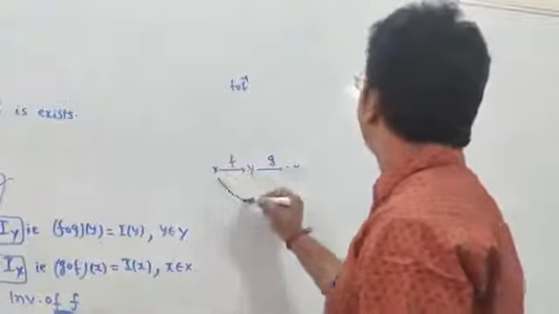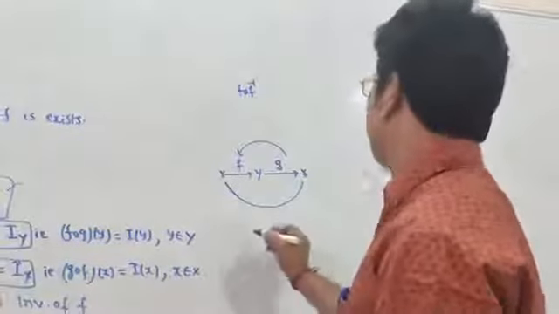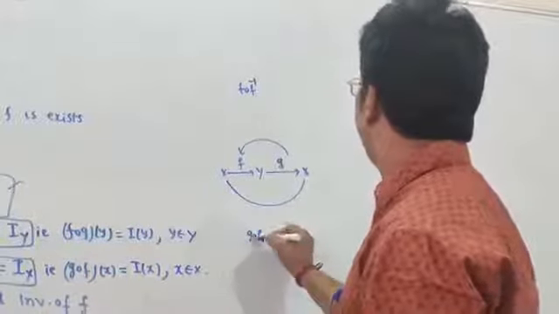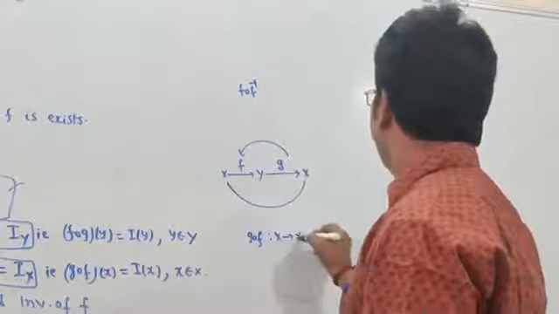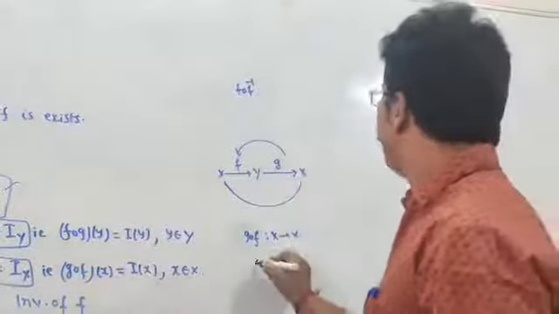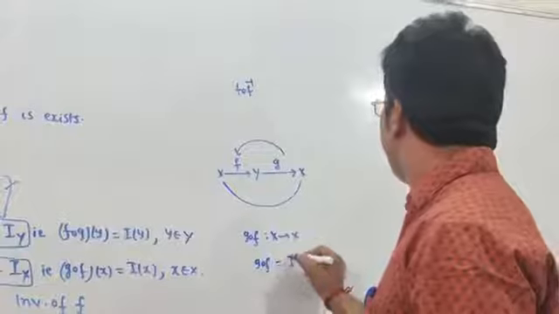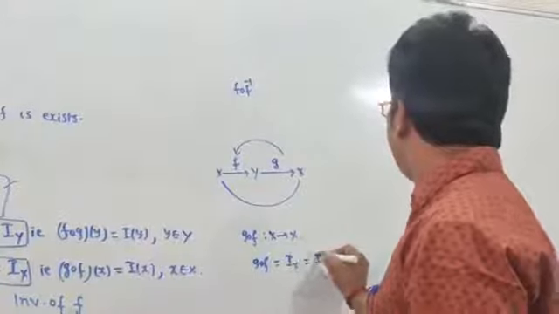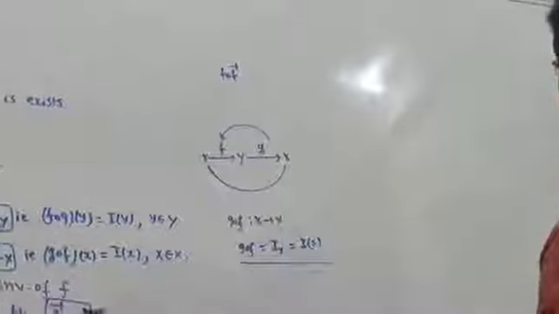So this is X to X, g to f. Therefore g circle f is X to X, which is called the identity function. Simply, it is denoted by g circle f equals I capital X. We can represent it like that.